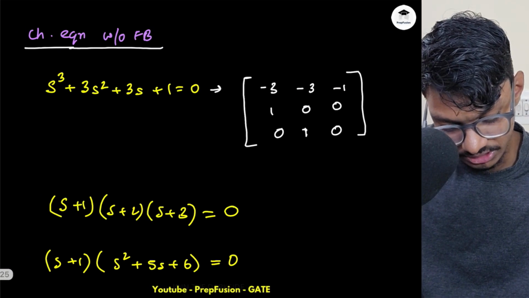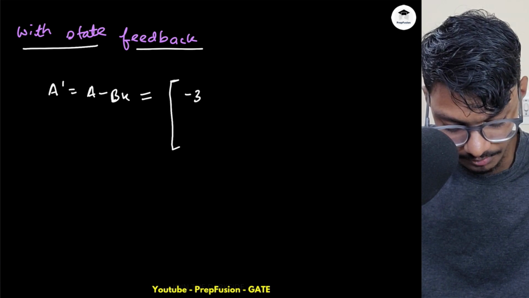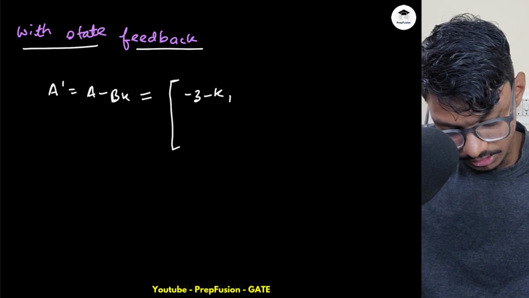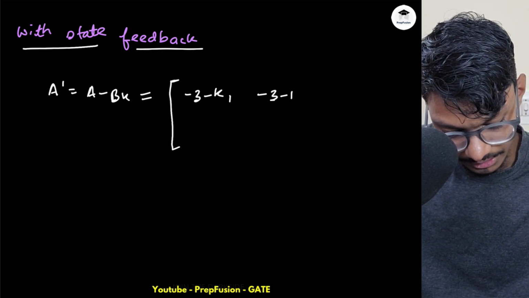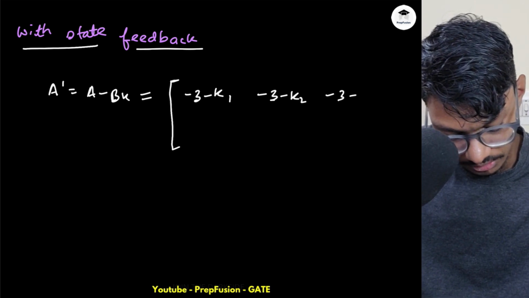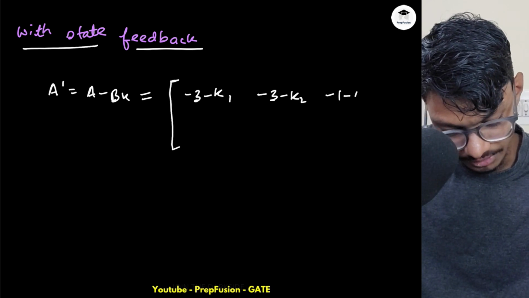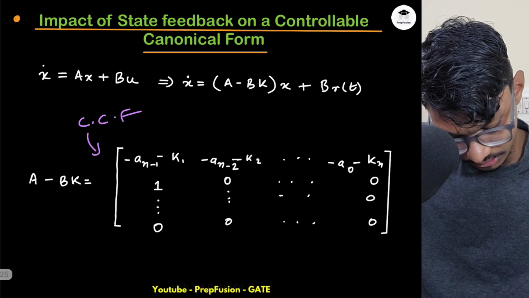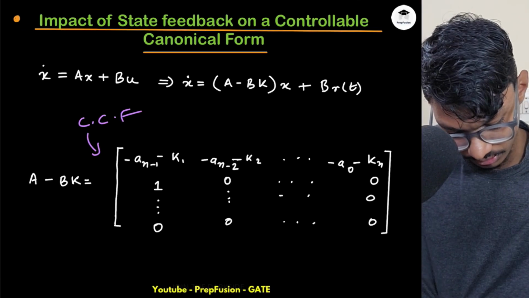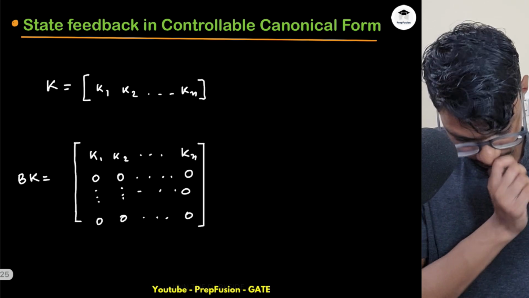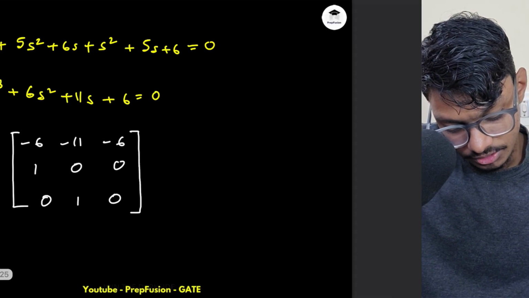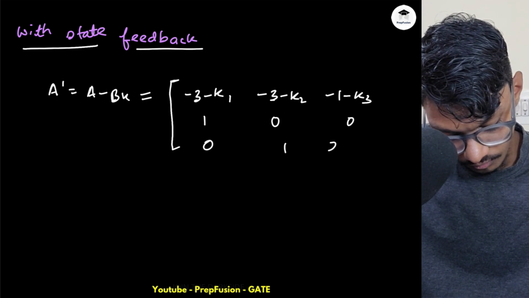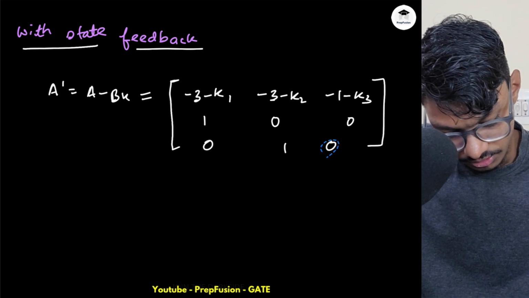The first row was -3, -3, -1, so now it will become -3 minus K1, -3 minus K2, -1 minus K3. This K1, K2 is correct, because it is subtraction. The remaining rows will not change at all, they will be 1 0 0 and 0 1 0.